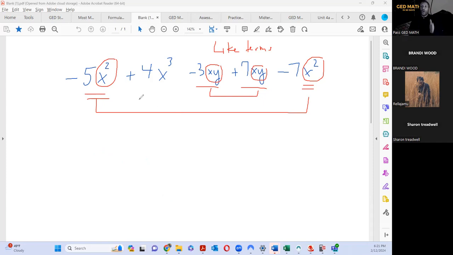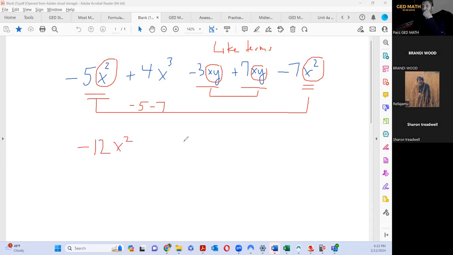Exactly. So now we look at the coefficients. The coefficient is just a fancy word for the number in front of the variable. So it's minus 5 and minus 7. So then we combine those two. What is minus 5 minus 7? It's negative 12. Negative 12x squared.